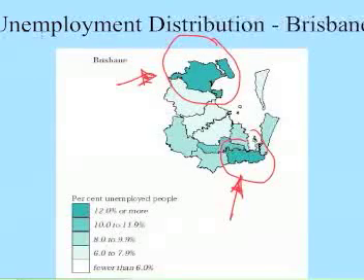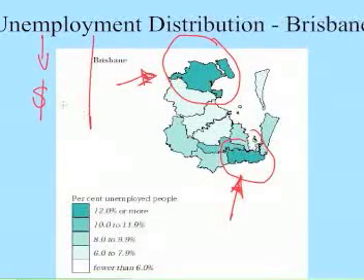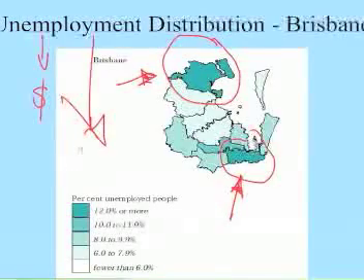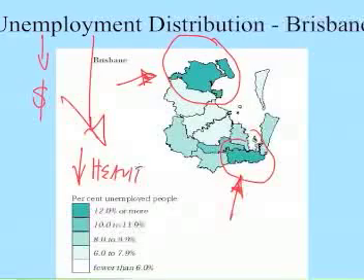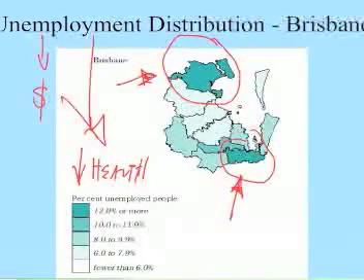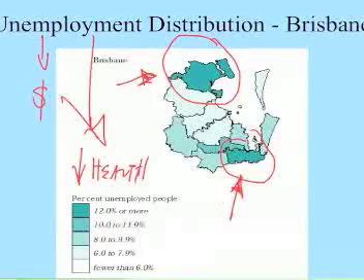Now, unemployment means lower dollars, and both of those factors relate to lower health. So you would expect that these regions would actually have higher mortality and morbidity rates than the rest of the population.